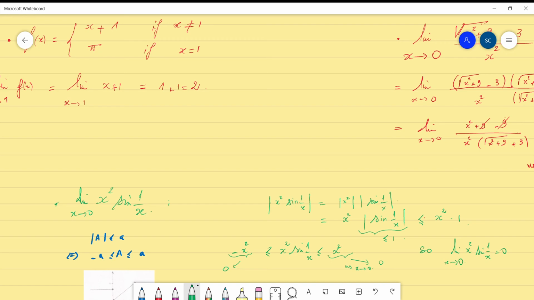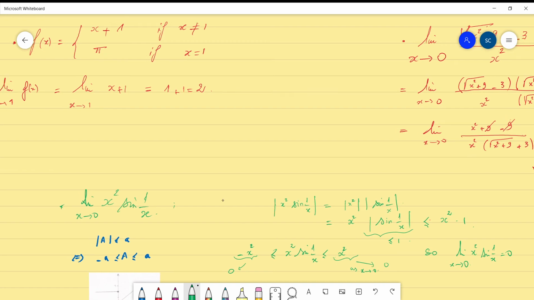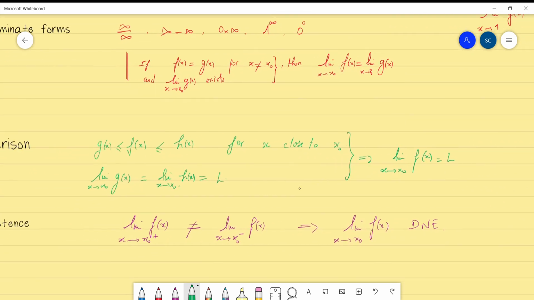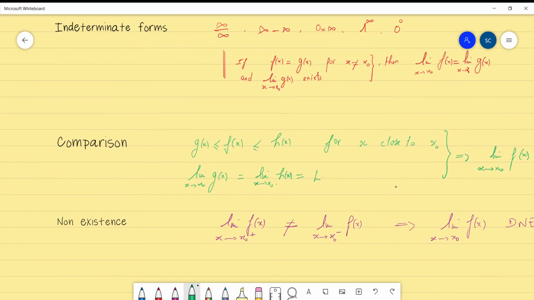So this theorem, how do we call it? It has a name, I don't remember. Some call it the sandwich theorem. It's not important, but it's a comparison.